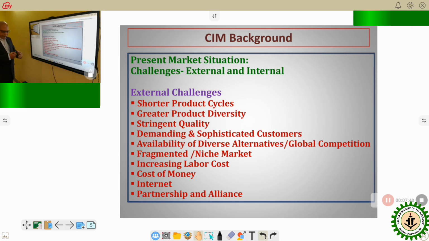Fragmented and niche market. In the current days, once again, thanks to globalization, the market is global. So any manufacturing company across the globe has ample liberty to do business anywhere in the world. Under those circumstances, wide varieties of facilities and products are available.